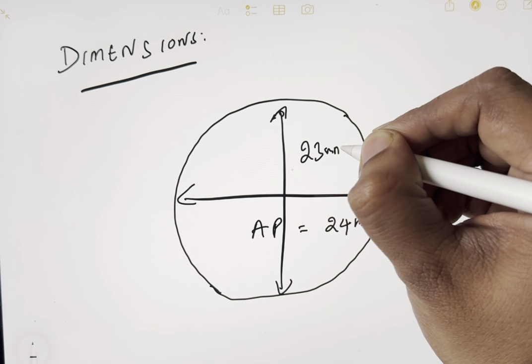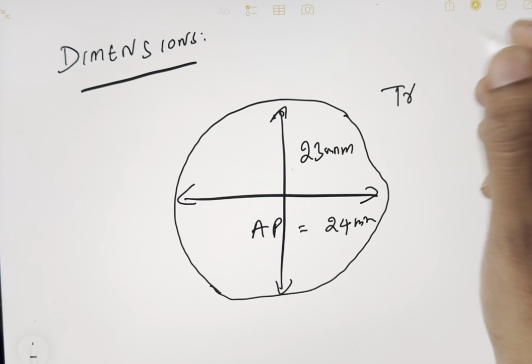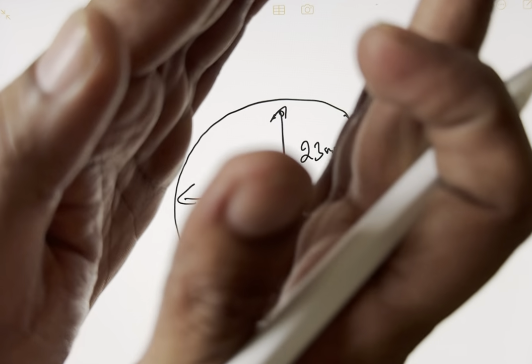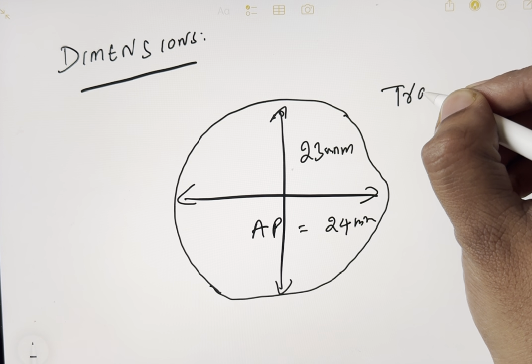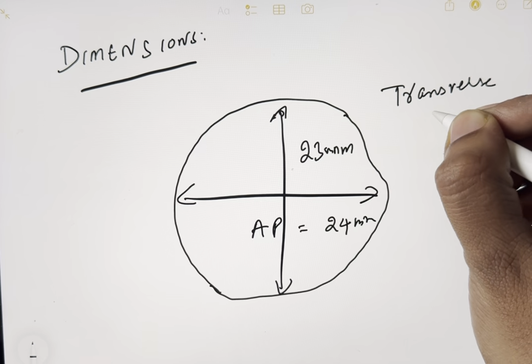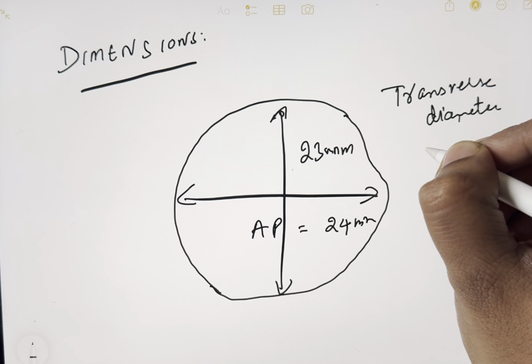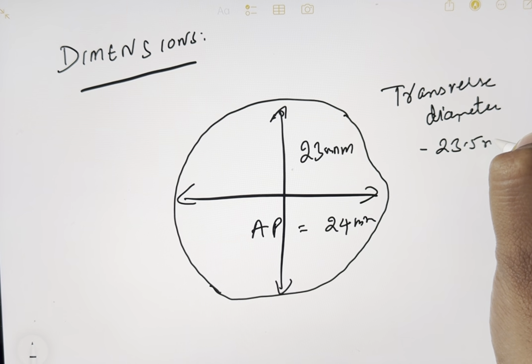23 millimeter. And if we see the transverse diameter, as we are seeing in the longitudinal section, the transverse diameter of the eyeball will be around 23.5 millimeter.